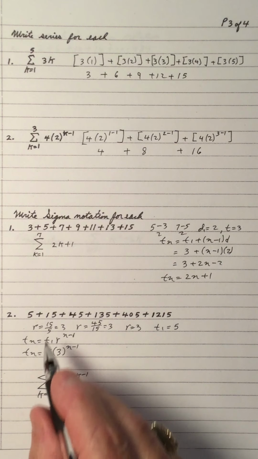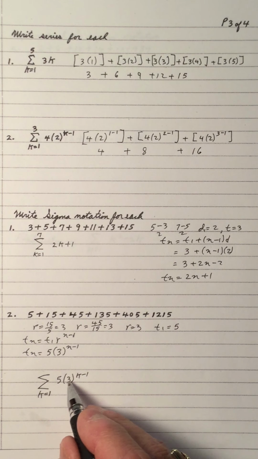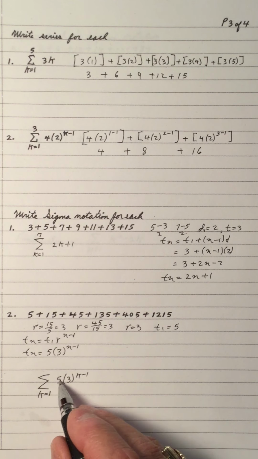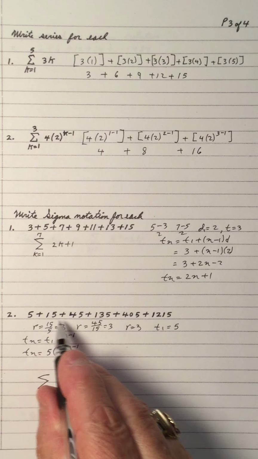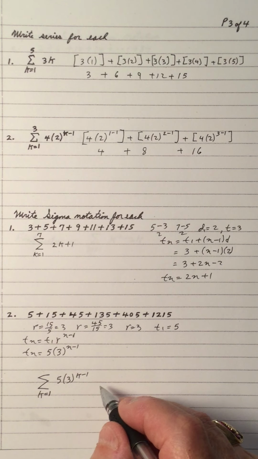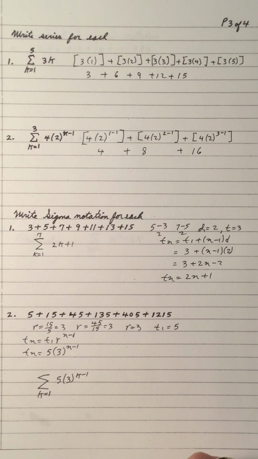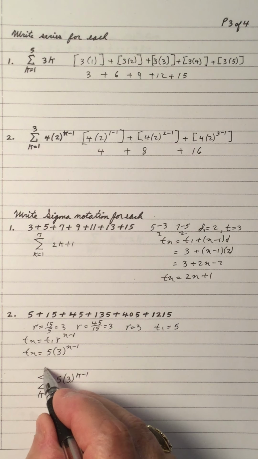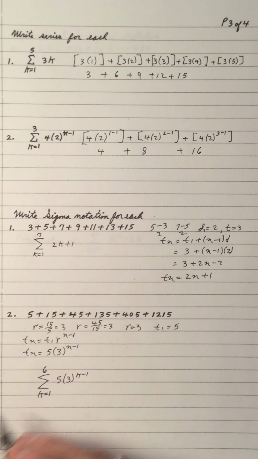And we know that if we put a 1 in here, k starts at 1. 1 minus 1 is 0. 3 to the 0 is 1. 5 times 1 is 5. Now, this is 1, 2, 3, 4, 5, 6. So if we think about it, we have 6 terms in the sequence.